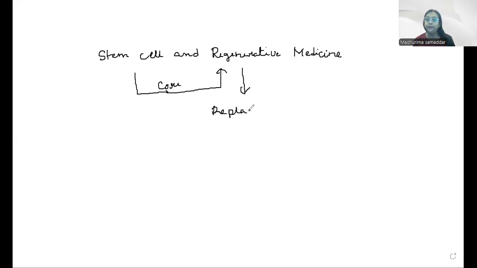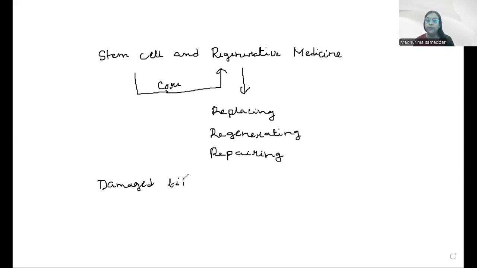replacing, regenerating, repairing damaged tissue or organ so that it can restore its normal function.